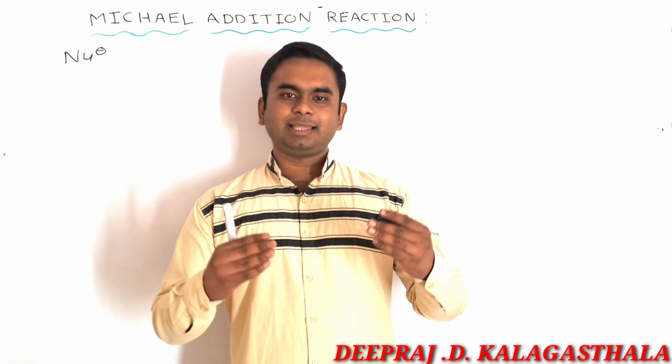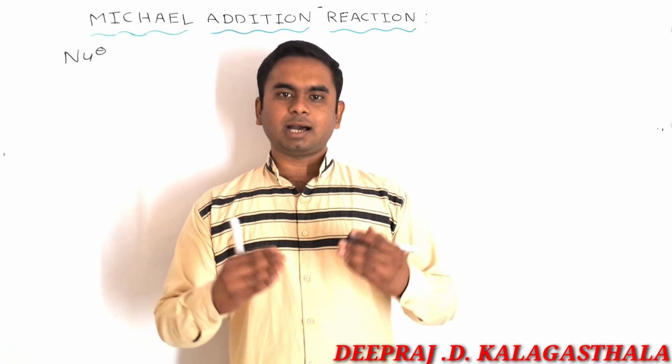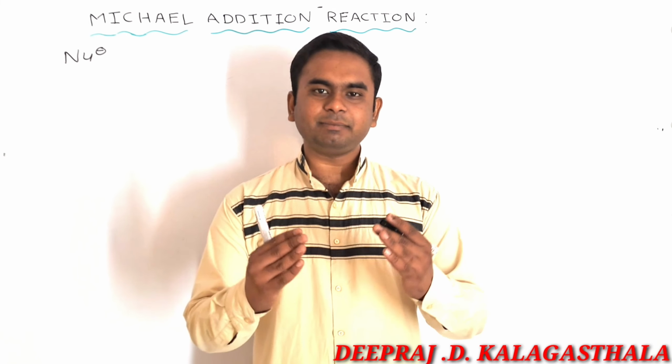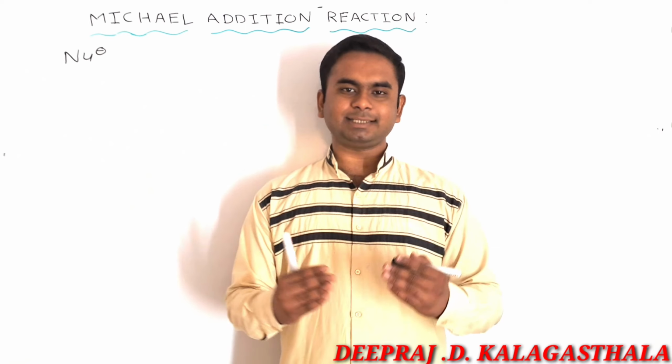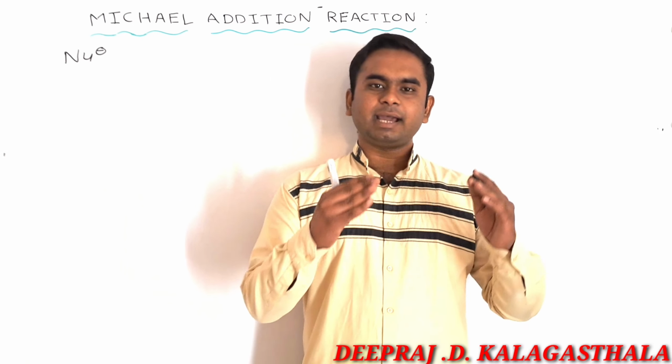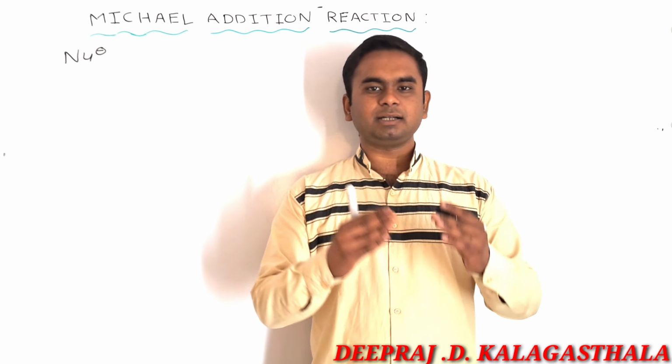To determine the nature of the nucleophile, there is a theory, the hard and soft acid-base theory. Here HSAB theory works. According to HSAB theory, a hard nucleophile prefers to bind with a hard center and a soft nucleophile prefers to bind with a soft center.